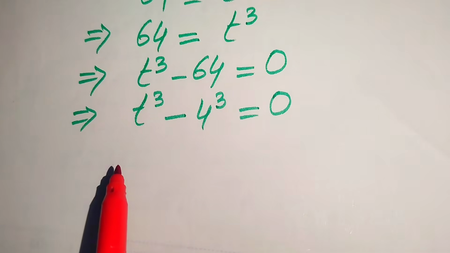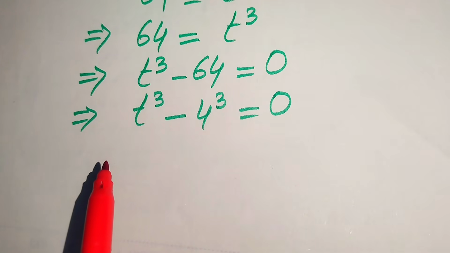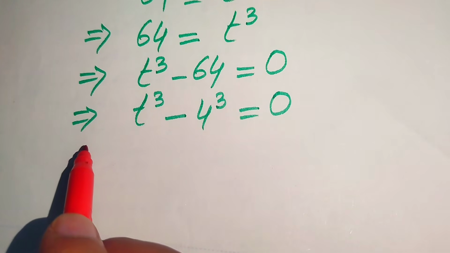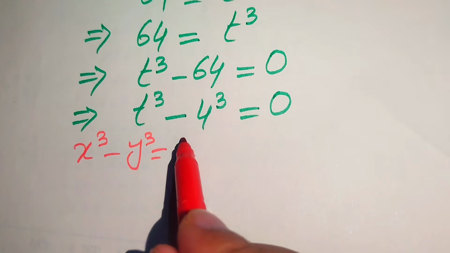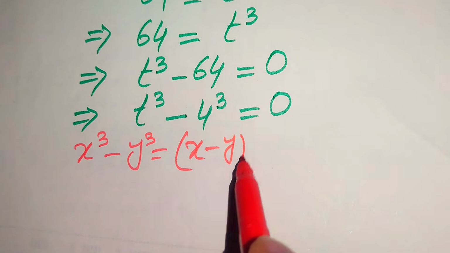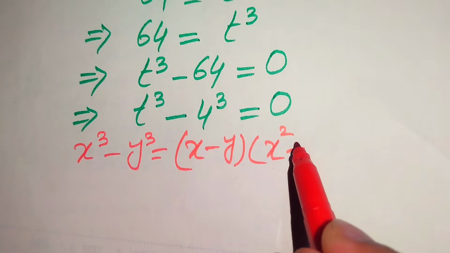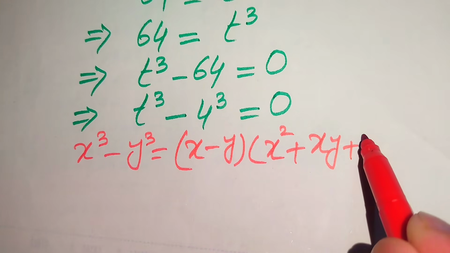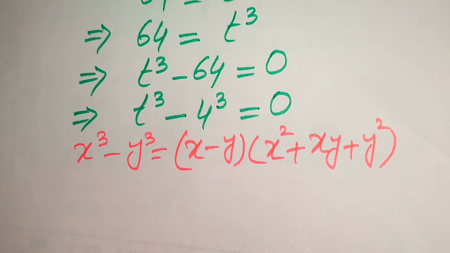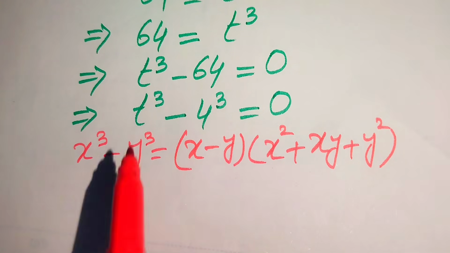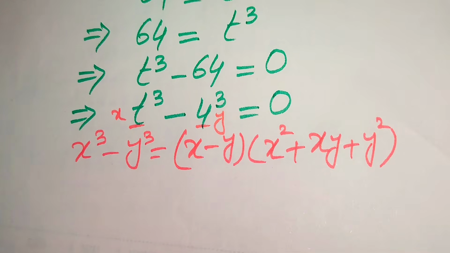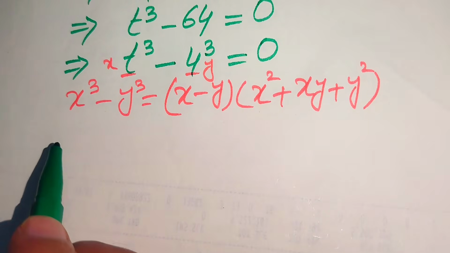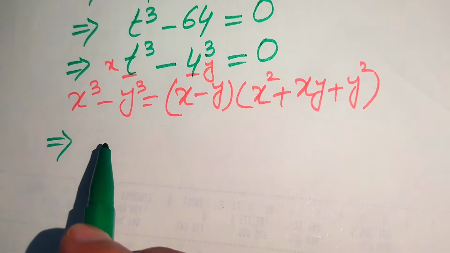So first we state the formula which we use here, and you know that x cubed minus y cubed is equal to x minus y times x squared plus xy plus y squared. We apply this nice formula here, and you see that the base of this term is our x and the base of this term is our y, and we substitute the values of x and y into the formula, and it will be written in this form.